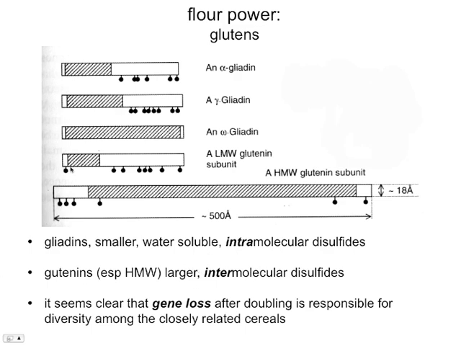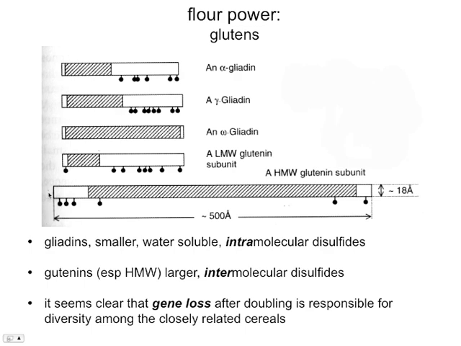That's really important, but let's take another minute to look at the glutenins. First, we see that there's a low molecular weight glutenin, LMW for low molecular weight. There's also a high molecular weight glutenin, a much larger molecule.